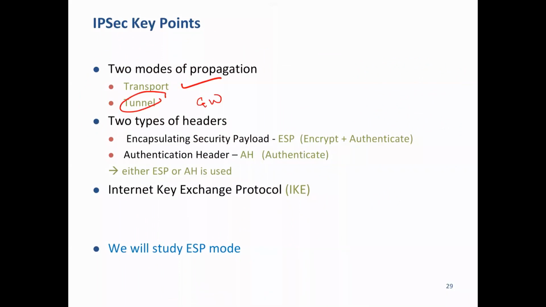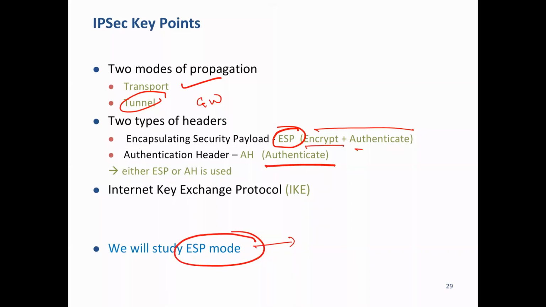Now in these two, we can either use ESP, encrypt and authenticate, or we can use authentication only. So basically we have 4 combinations, out of which Bob's machine and Alice's machine can negotiate what they want to use. All right. We will study only ESP mode, where we will encrypt and authenticate.